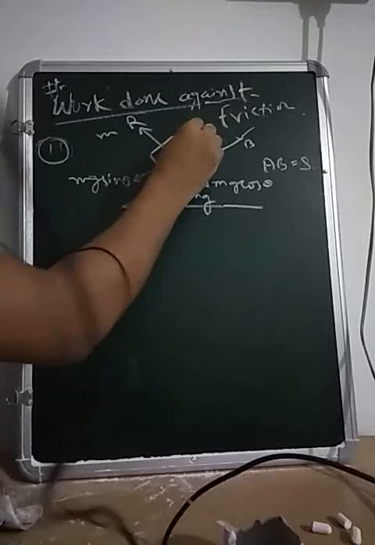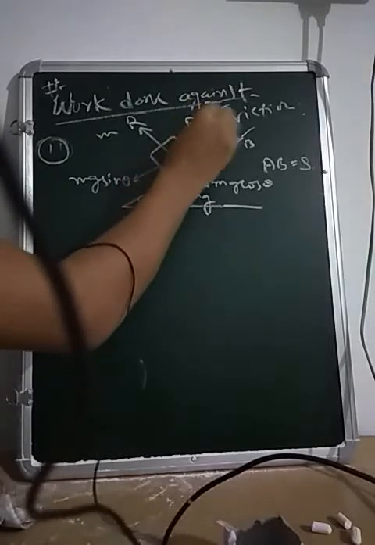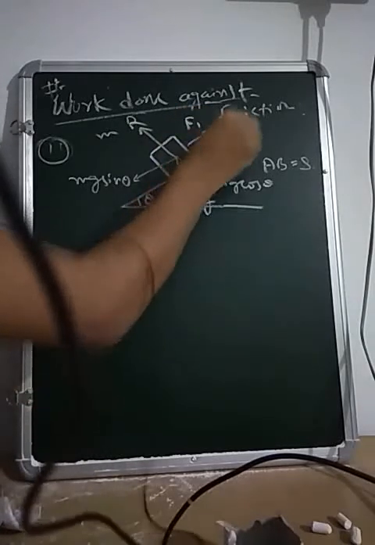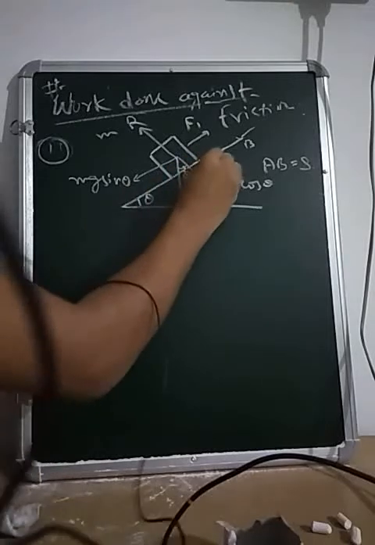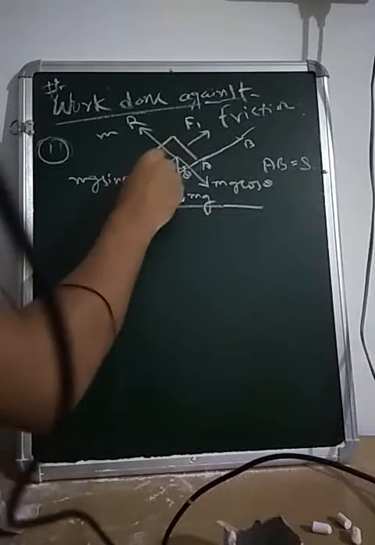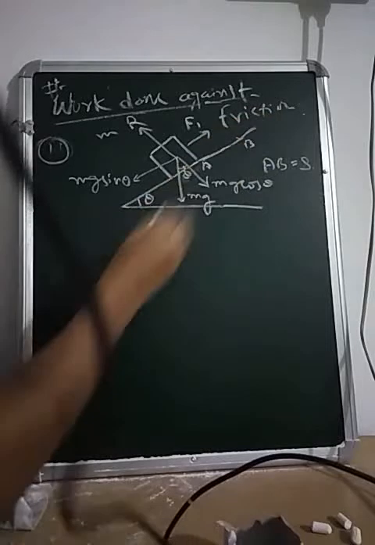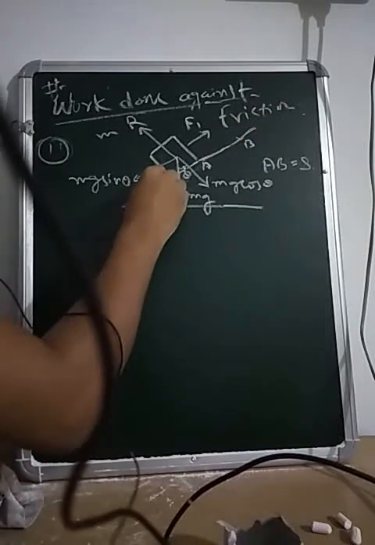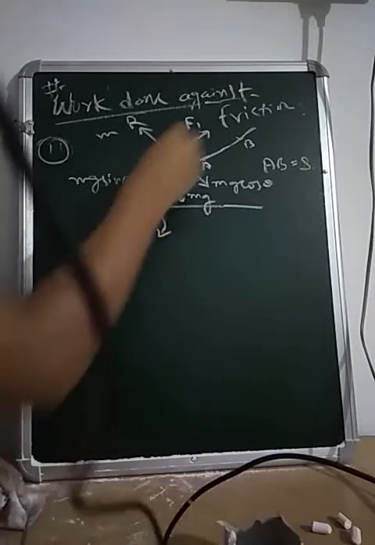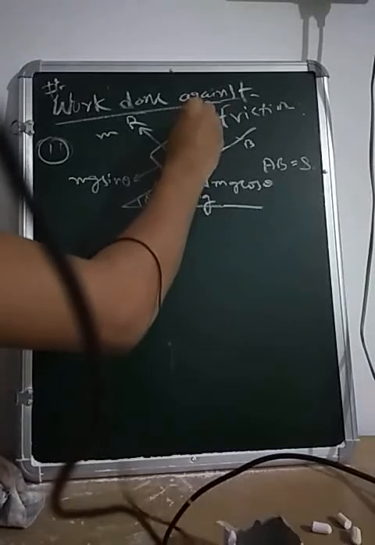A force F1 is required to move the body from position A to position B. The body is moving in the inclined upward direction on an inclined plane, so friction will arise against the applied force F1.